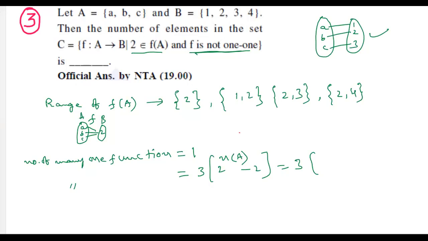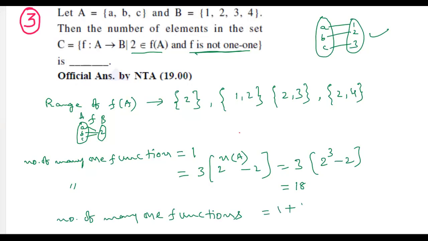There are three elements, so we get 2 cubed minus 2. 2 cubed is 8, 8 minus 2 is 6. 6 threes are 18. Now the number of many-one functions is equal to 1 plus 18, that is 19. So the official NTA answer is also 19.